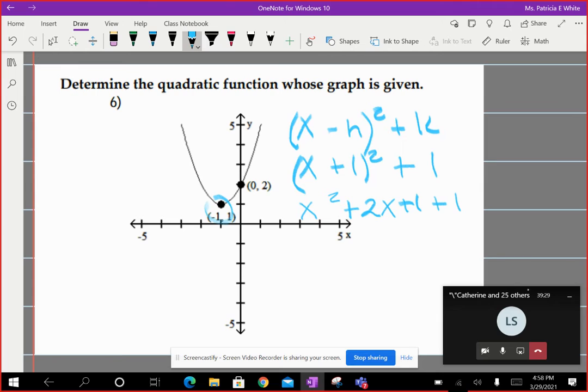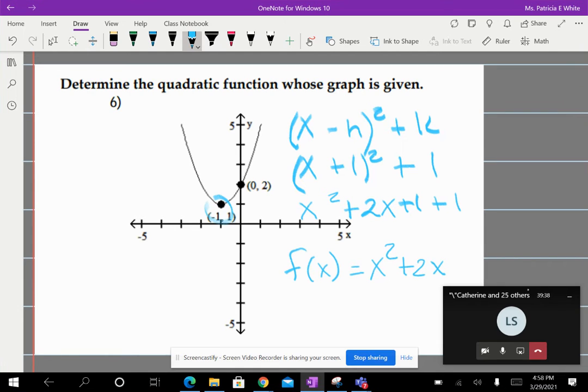And that's going to give you the function f of x is equal to x squared plus 2x plus 2. And does that plus 2 on the end fit? How does that assure me? That's my y-intercept, right? When x is 0. Okay?